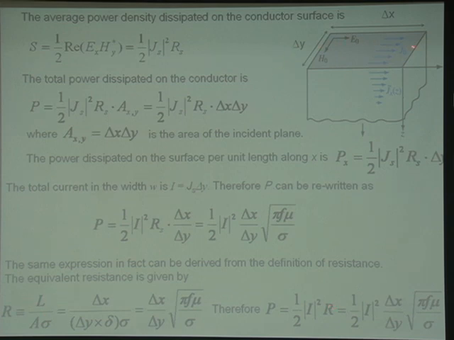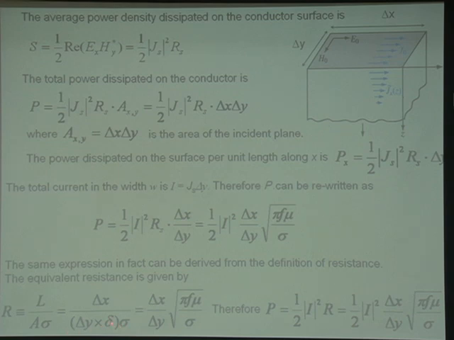Then let's look at this L. L is from here to here, delta x. A is the area. Area is delta y multiplied with a characteristic depth in this direction. For a conductor with current flowing like this, its cross-section area is going to be equal to delta y multiplied with the depth of this current, and the depth of this current is equal to the skin depth.